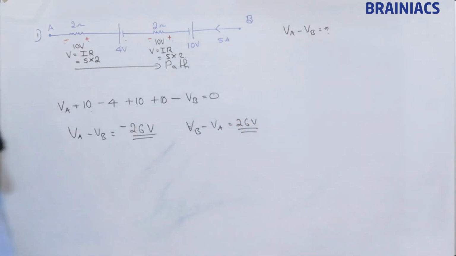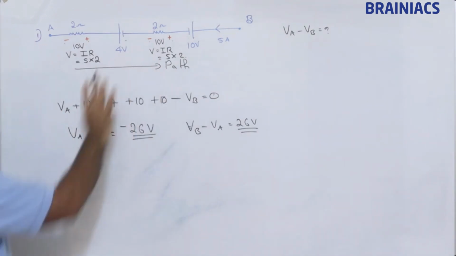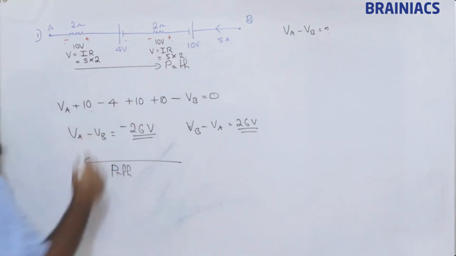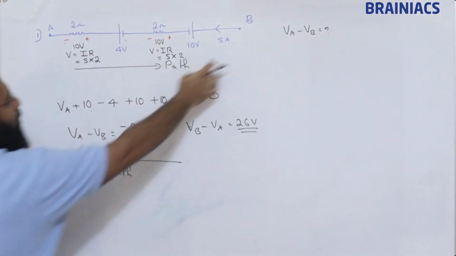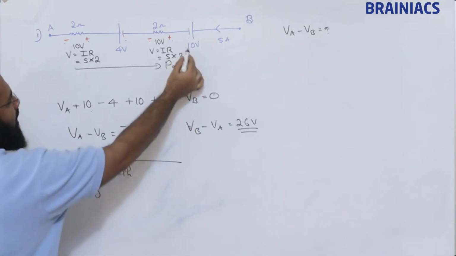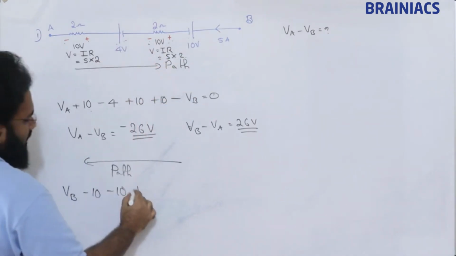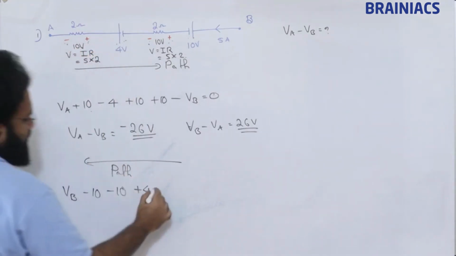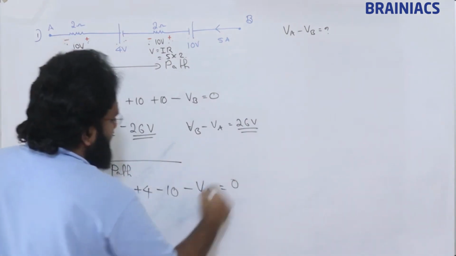This is the answer. Suppose we take the path in the opposite order, same question, taking the path in this direction. Then we will start with VB, plus minus so minus 10, plus minus so again minus 10, minus plus so plus 4, minus 10, so plus minus minus VB minus VA is equal to 0.